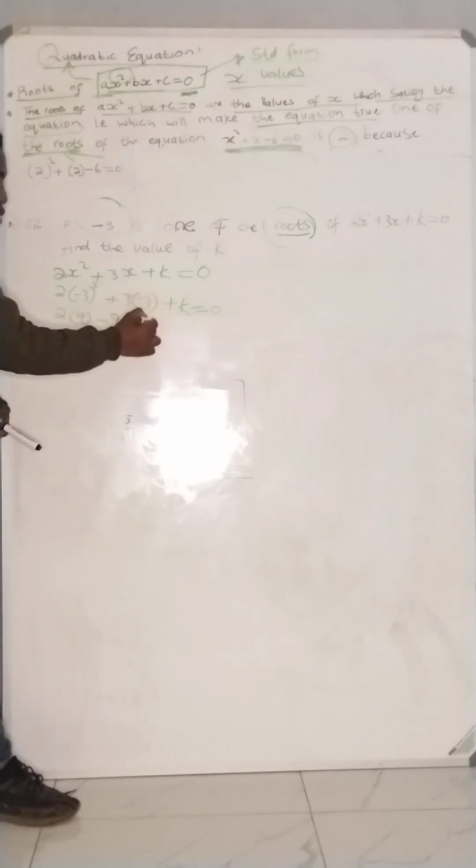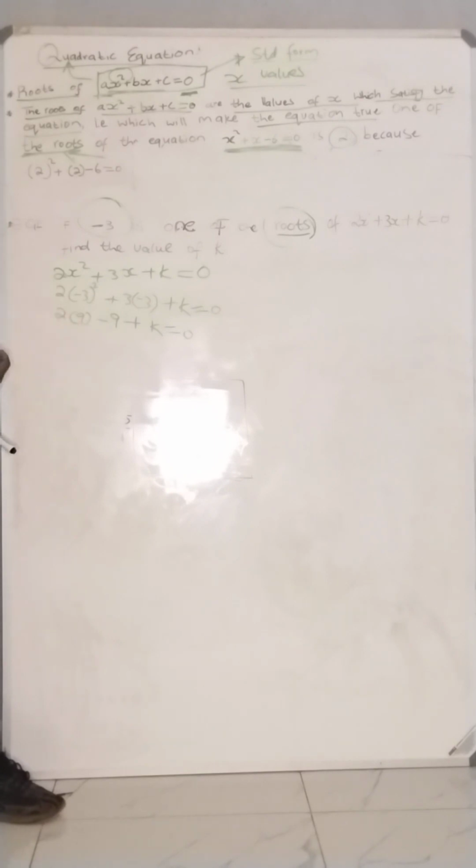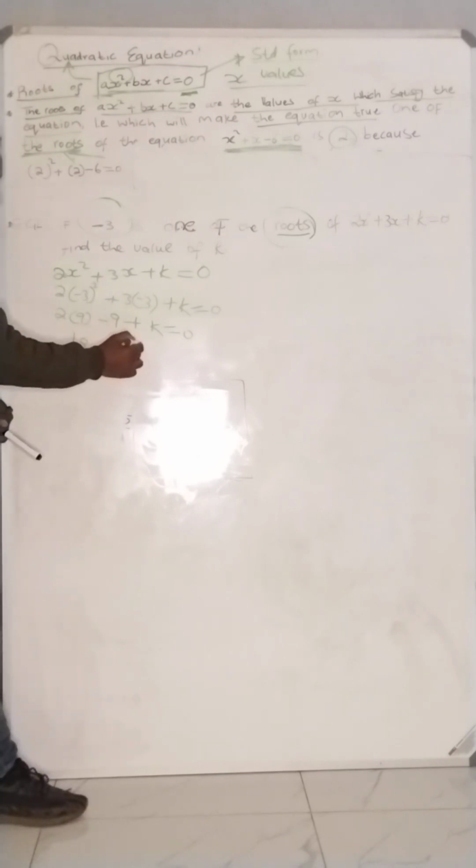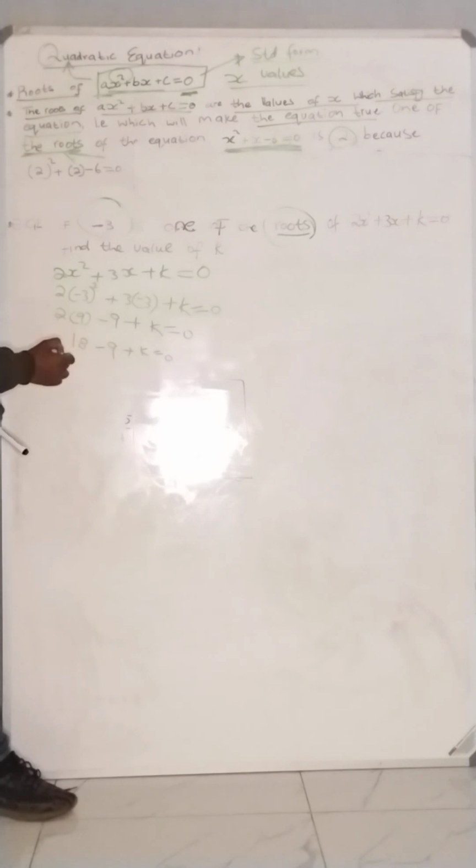And plus your k, which is 0. Here 2 times 9 will give you 18. 18 minus 9 plus k. So 18 minus 9, you remain with 9. So you have 9 plus k is 0.